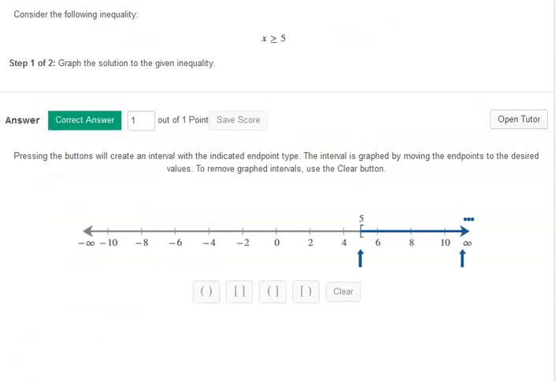Now, here's an inequality that's already solved. This is the arithmetic notation of it. They just want us to graph it. So noticing the inequality sign, greater than or equal to, which of these sets of symbols do we want to use?